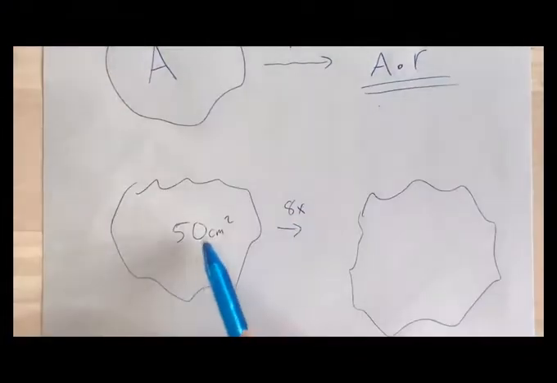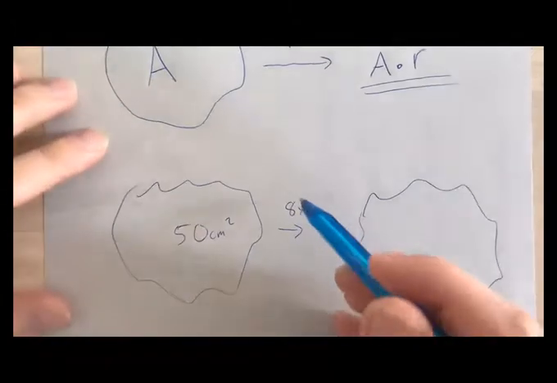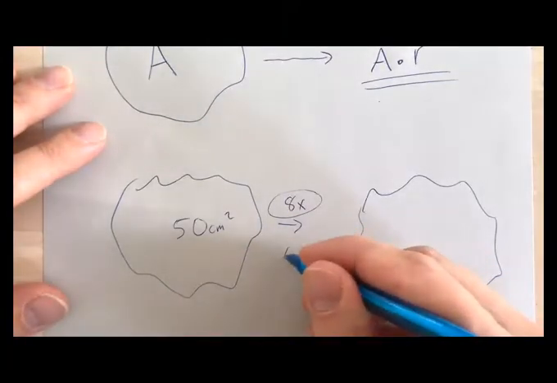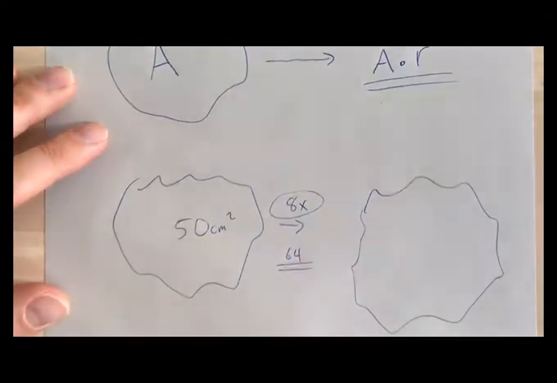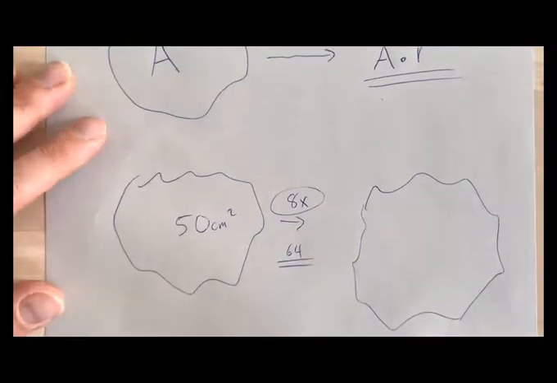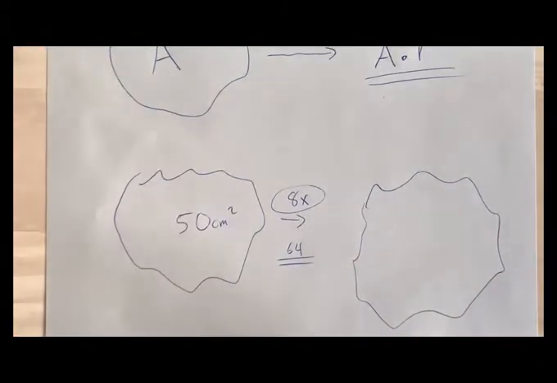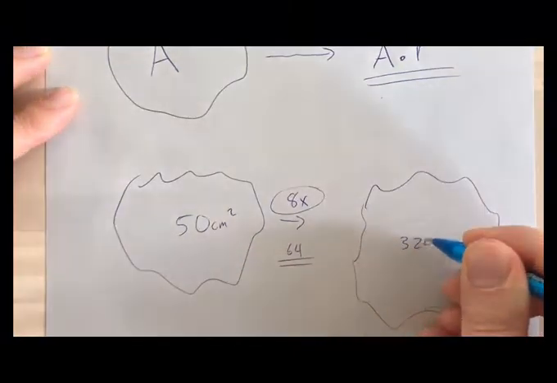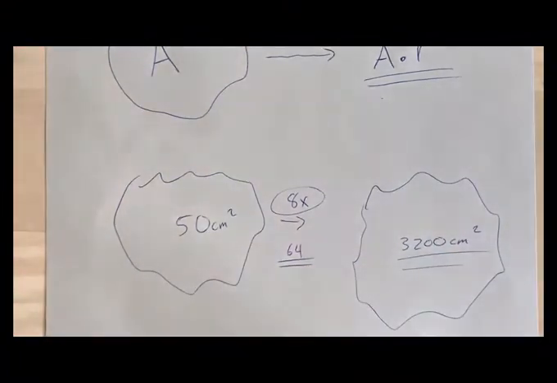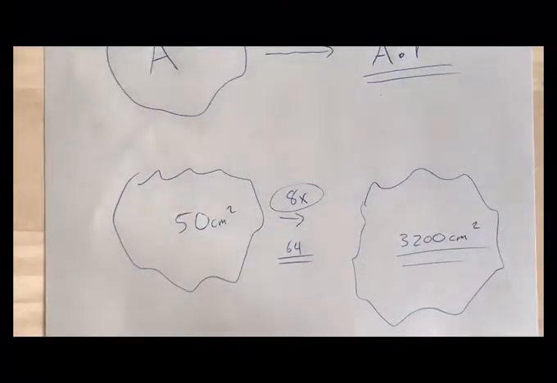Well, I'm not going to do 50 times 8, but if I take this growth factor and I square it, that would give me 64. That would be what I would multiply the area by to get my new area. So 50 times 64, and that would give me 3,200 centimeters squared, and that would be the area of the new shape. That is 8 times bigger.